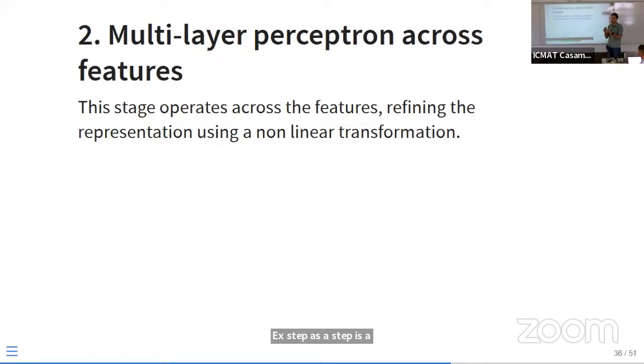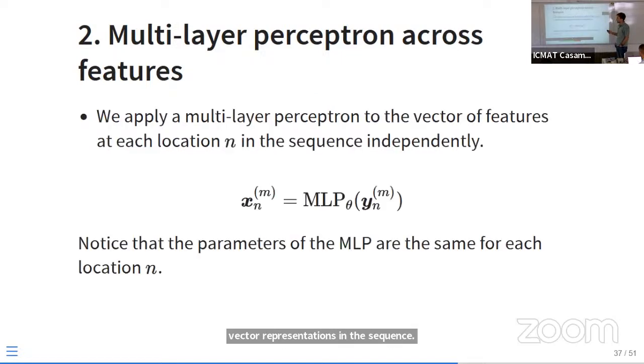Now features are refined, each of them independently of the other vector representations in the sequence. So this just operates across features, independent of everything else. And this is very simple. It's just a multi-layer perceptron applied to the vector of features at location n.